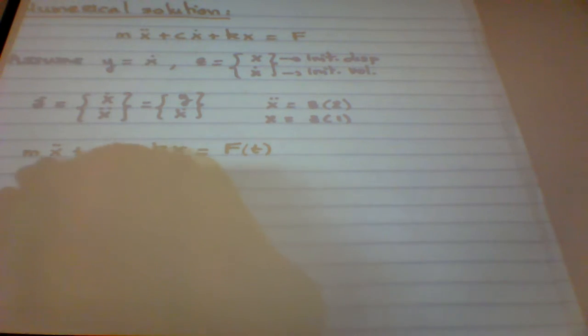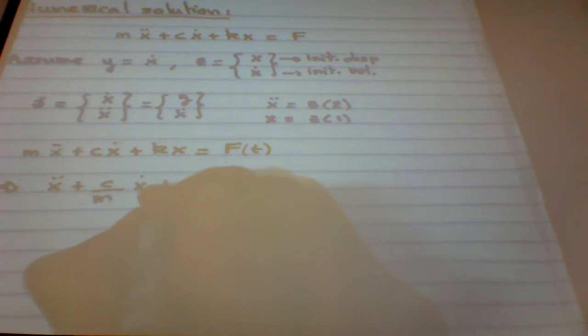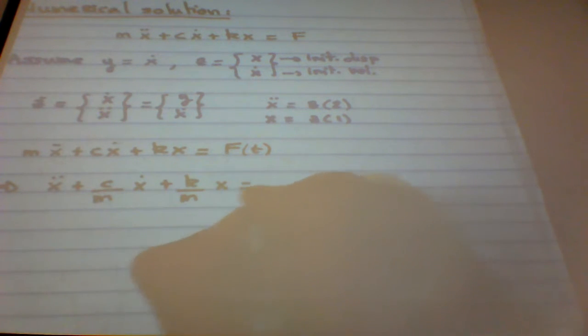So we need to write it in terms of x double dot, so that means x double dot plus c over m x dot plus k over m x equals f divided by m.